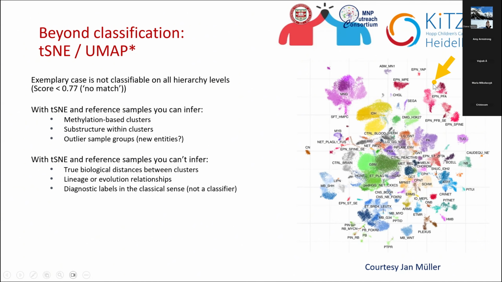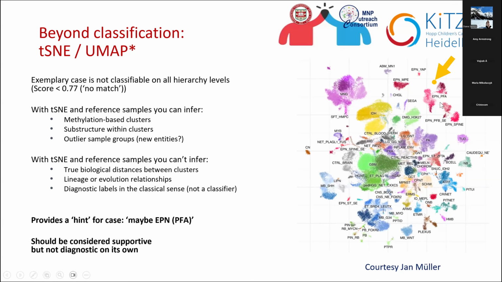If you got a sample which has a low score for ependymoma, posterior fossa, let's say 0.5, and then you projected it against this t-SNE and saw it located near the ependymoma PFA, that gives a hint that the case might be ependymoma. So it is supportive. However, on its own, it's not diagnostic. And this is why we provide t-SNE plots for those cases in the tumor boards.